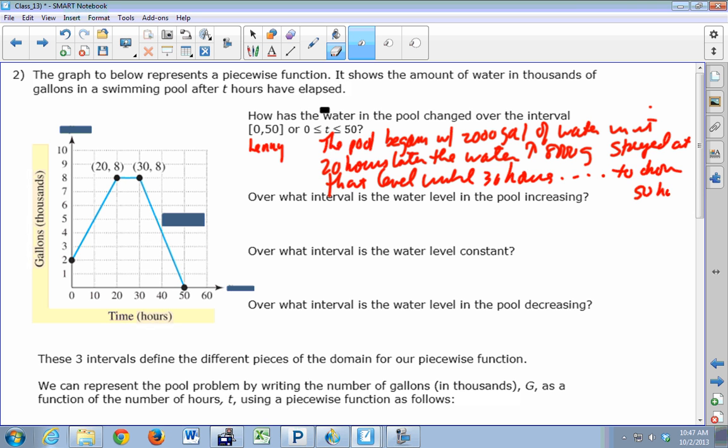What was it at hour 50? Did you state that? It decreased to empty. To empty, decreased to empty. Okay.